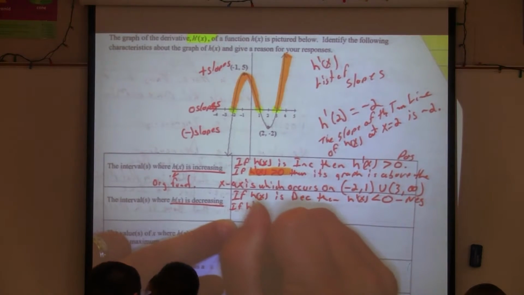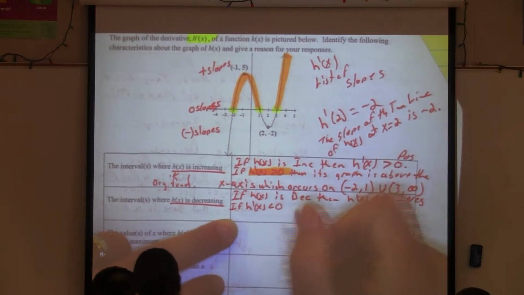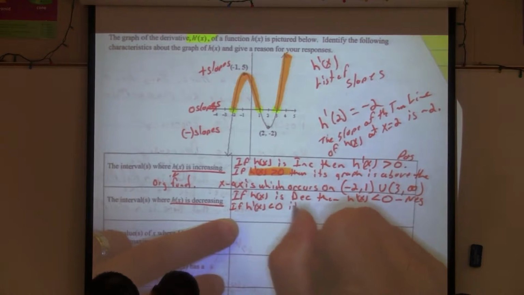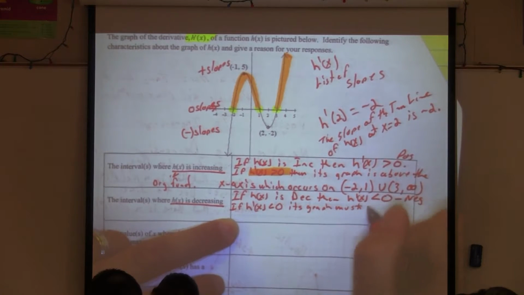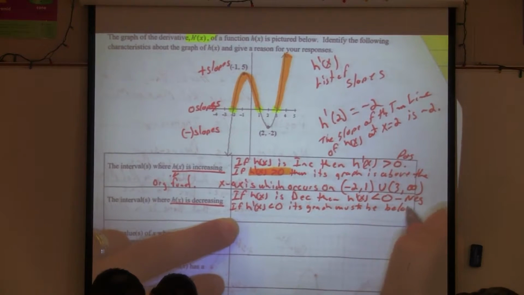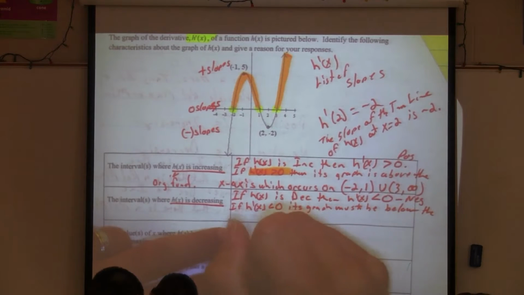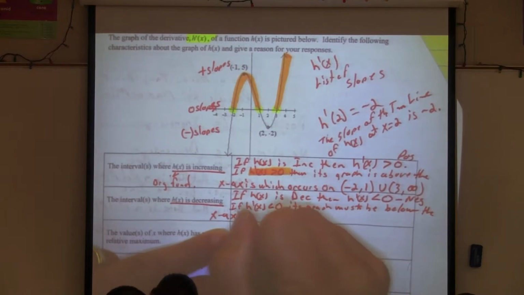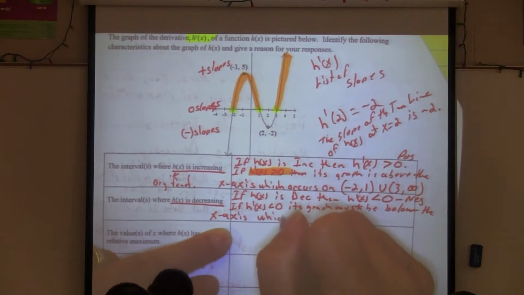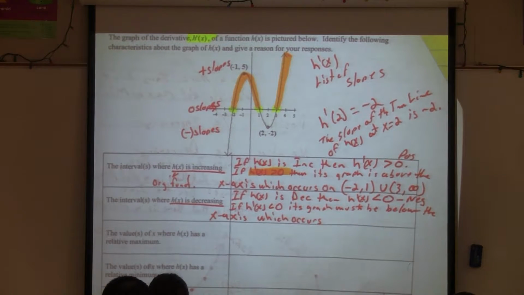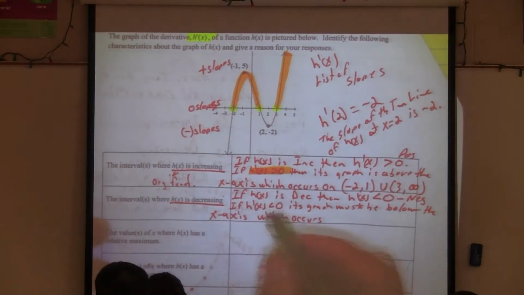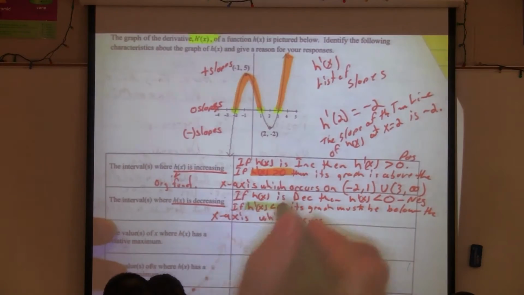And if h prime of x has to be less than 0, its graph must be below the x-axis, which occurs where? Where's the derivative less than 0?